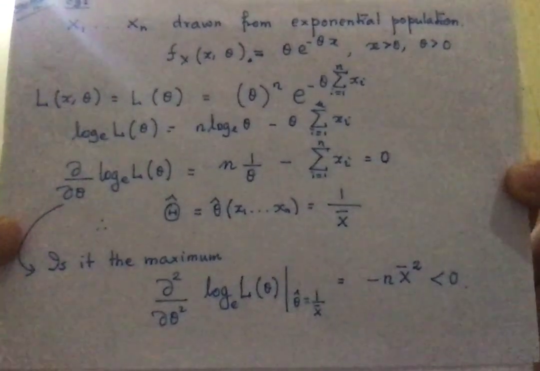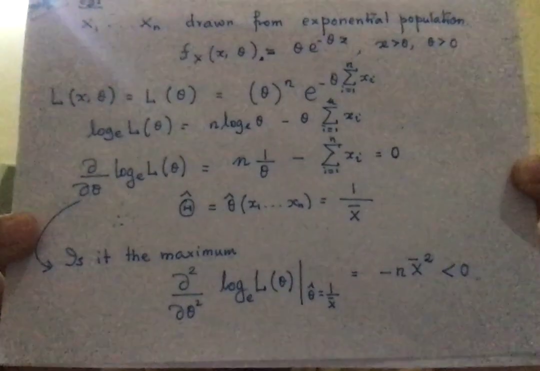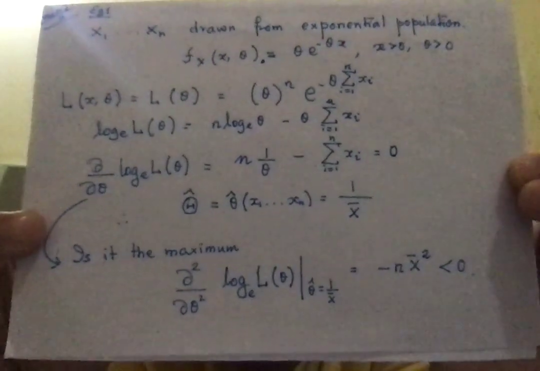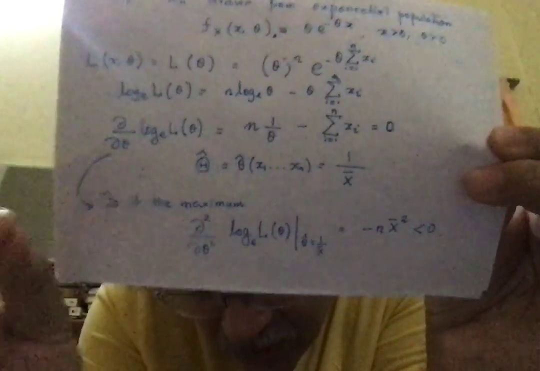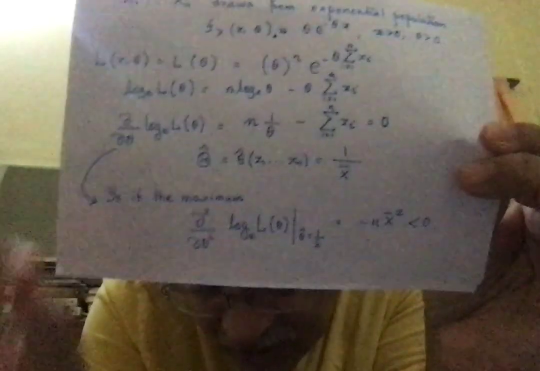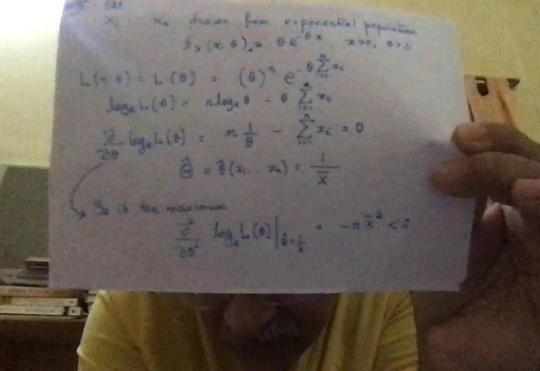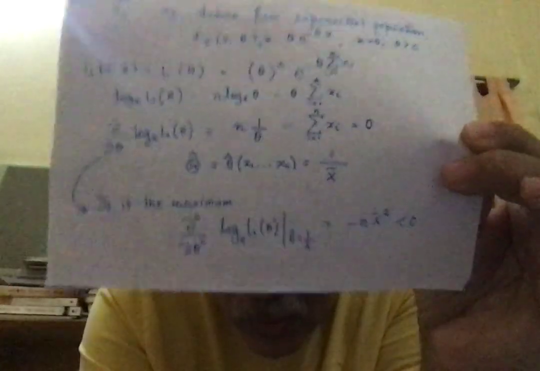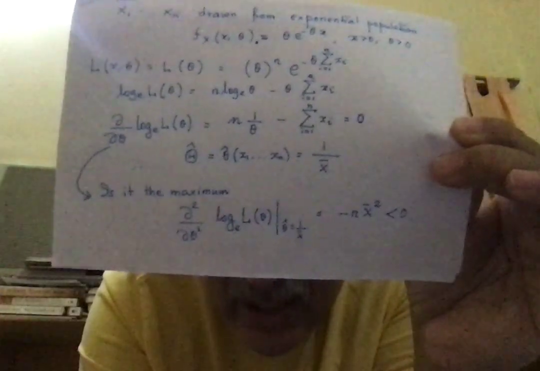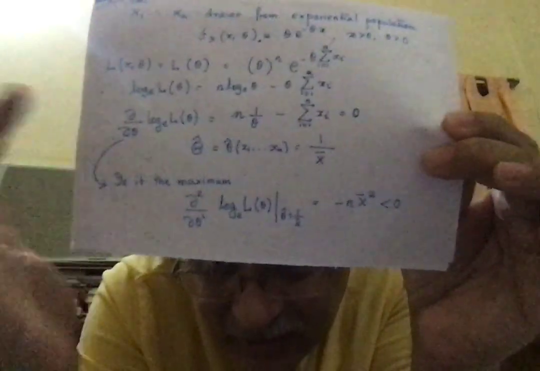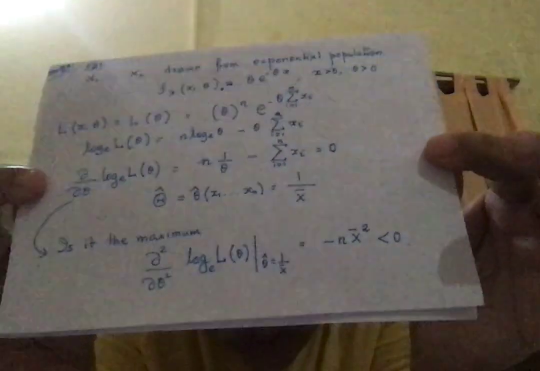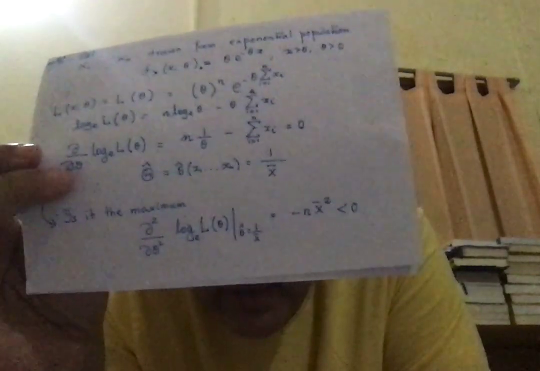When the second derivative of a single variable function is strictly negative at a critical point, that is, at the point where the derivative vanishes, then you know that such a point is a strict maximizer. So this theta hat is a strict maximizer of the log likelihood function, and hence of the likelihood function. So this is a maximum likelihood estimator.